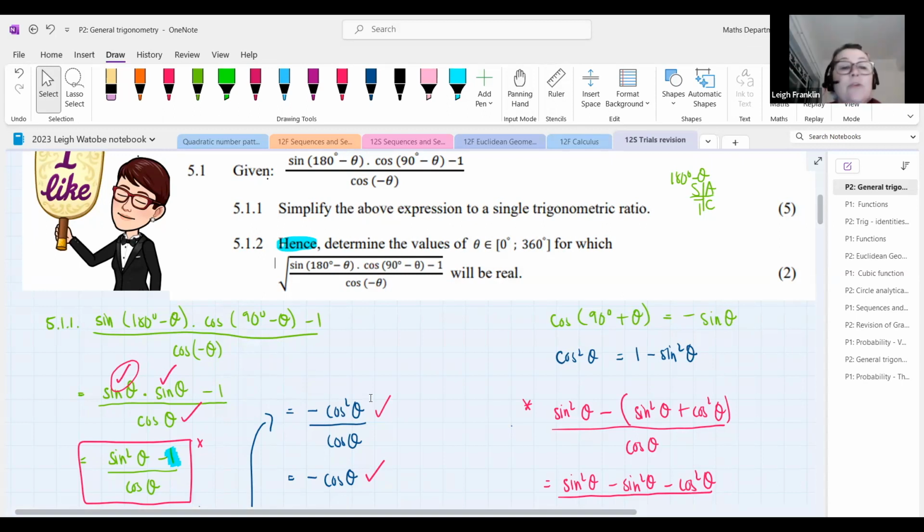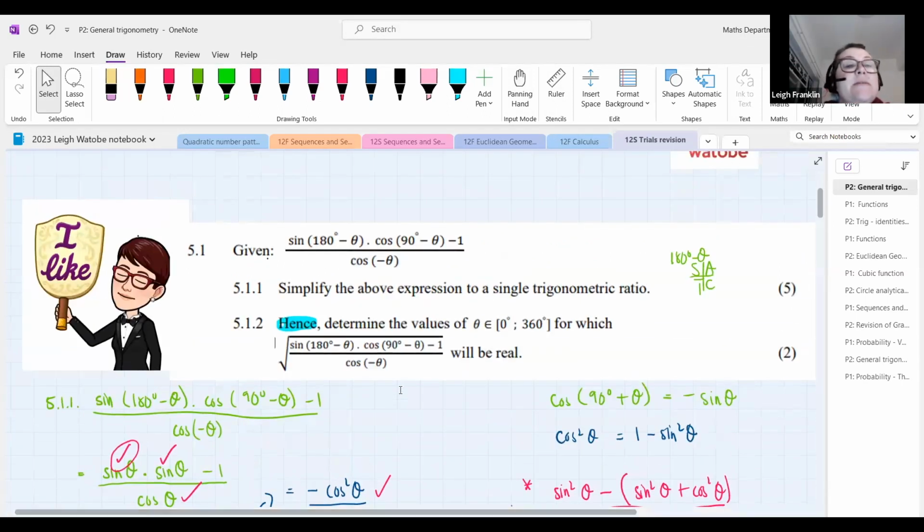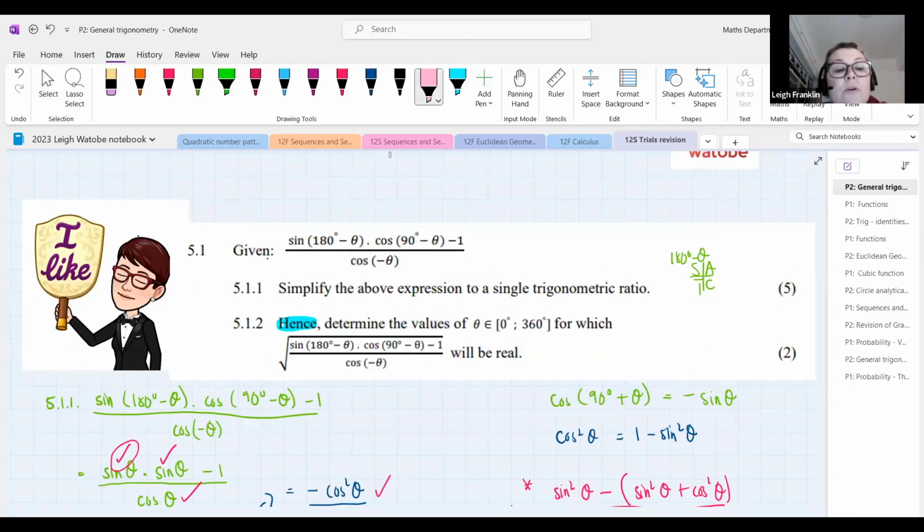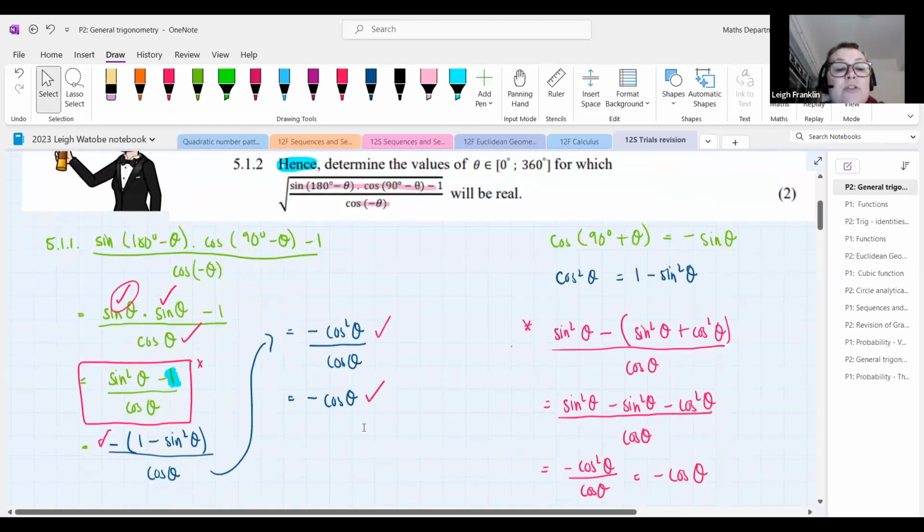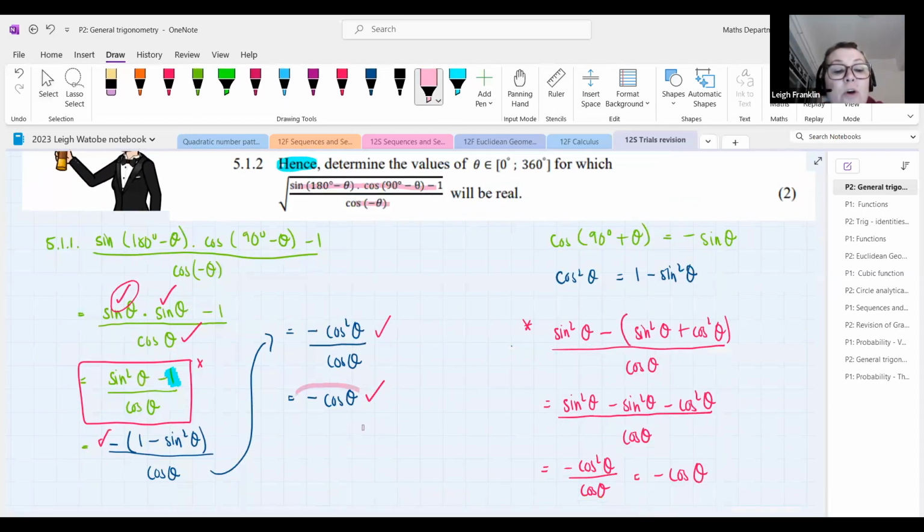So yes, we have to use our previous answer. Now, can you see, everybody, that the expression that they gave us is now inside a square root? Look, it's exactly the same thing. We've got sine(180 minus theta) times cos(90 minus theta) minus 1 over negative cos theta. It's exactly the same as what they gave us over here. So when they say hence, they want us to take the answer that we got and put it inside that square root.